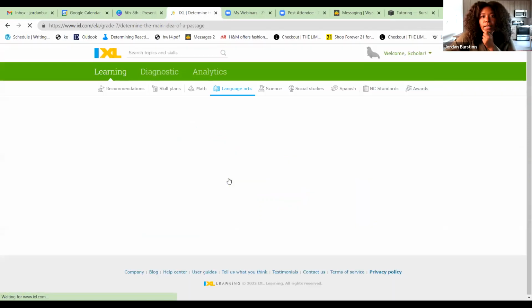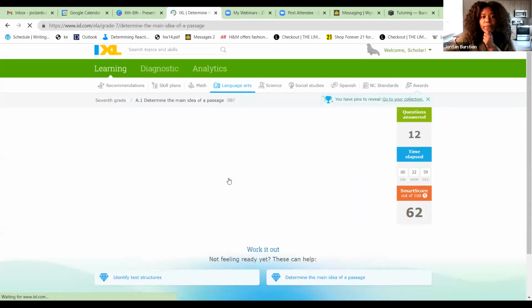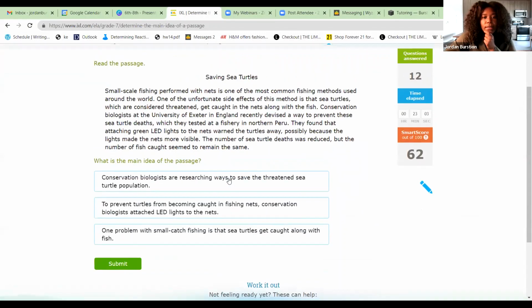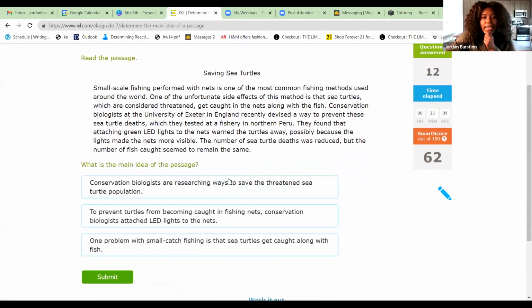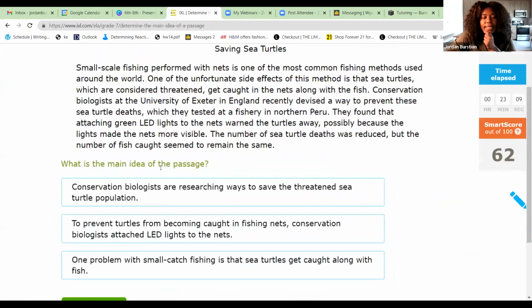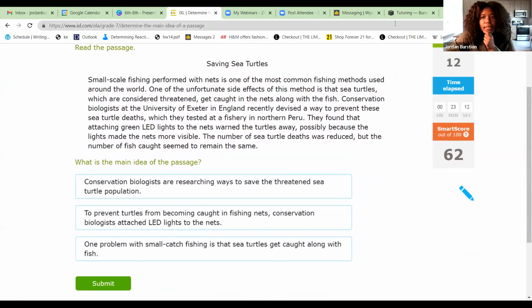So you can leave whenever you need to. But we'll do the reading comprehension part. So here's the passage. Let me know if you have trouble seeing it. And then type in the chat when you think you've got an answer or when you're done reading.